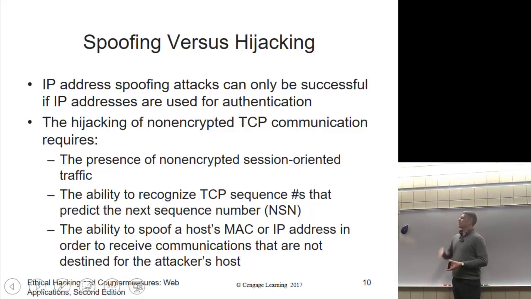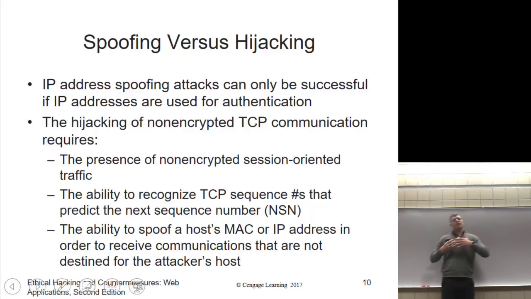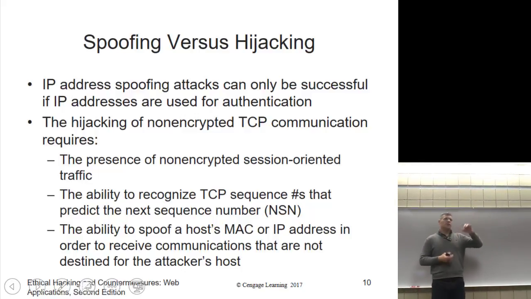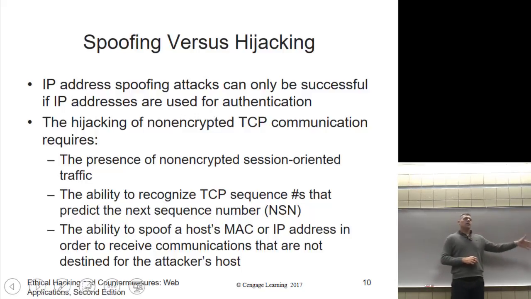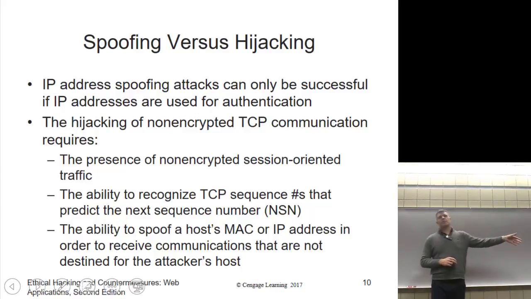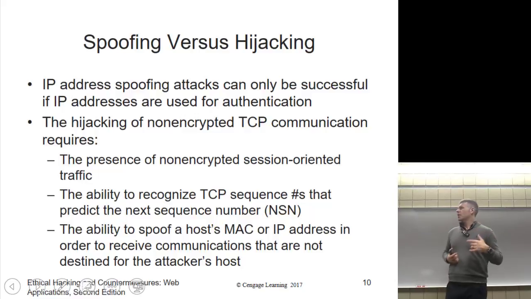So a TCP session goes, we do this handshake thing, and then this is packet 1. I received packet 1. Here's packet 2. Received packet 2. And then they make a window, and then they say, I'm going to wait to acknowledge this until we get to packet 50. So there's this sequence of numbers.